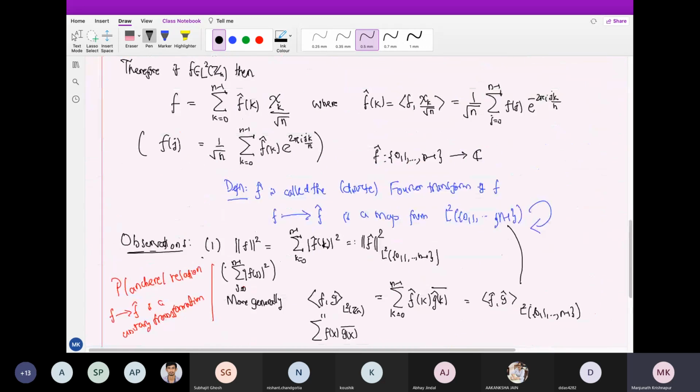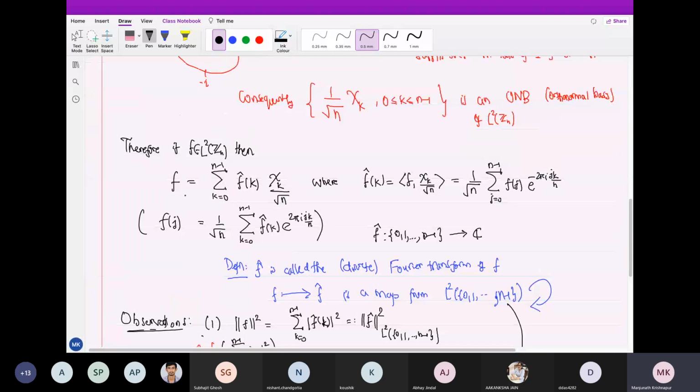Another observation. How do I get f from f hat? f of j is 1 by root n summation f hat of k e to the 2 pi i j k by n. And what is f hat? f hat of k is 1 by root n sum of f of j e to the minus 2 pi i j k by n. It looks more or less the same, right?